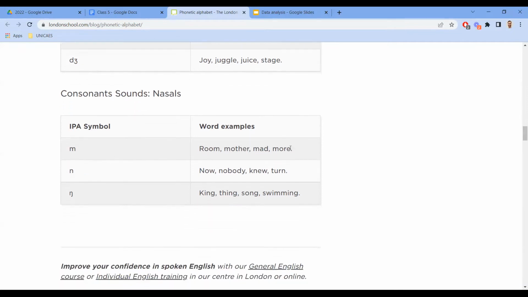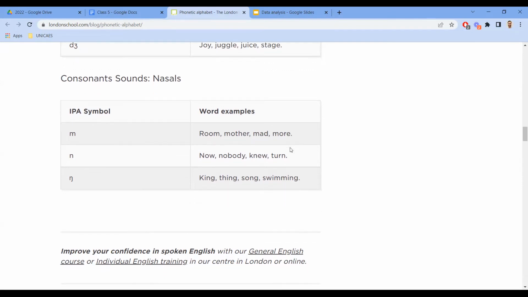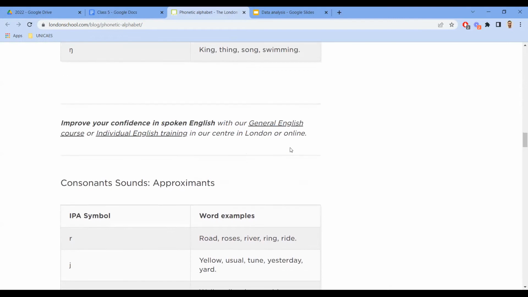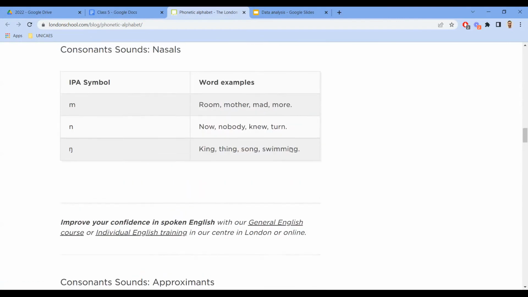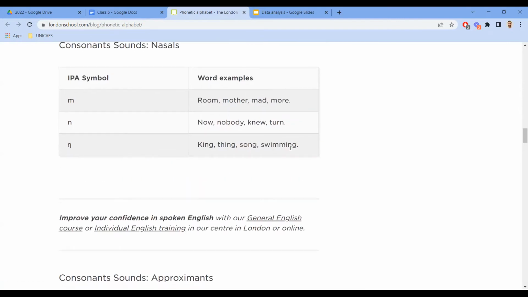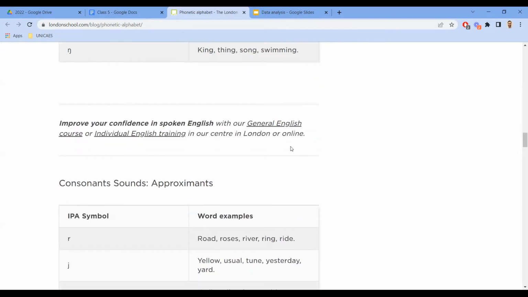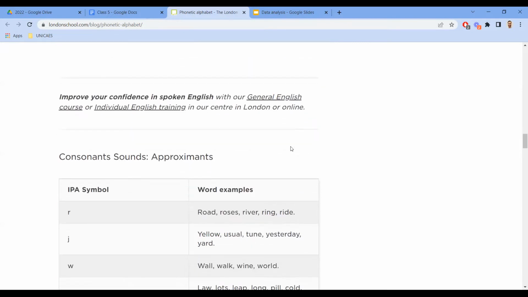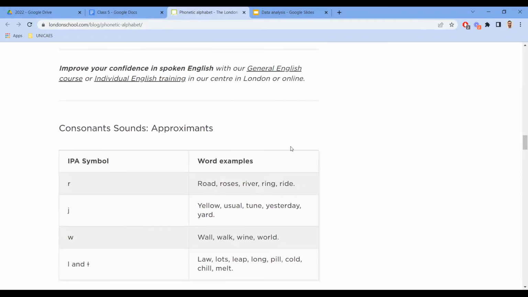For example, when you say think, the sound before the k sound is also the ng, right? I can go over here and explain all of them, but the point is, it's really important to remember the IPA, right?